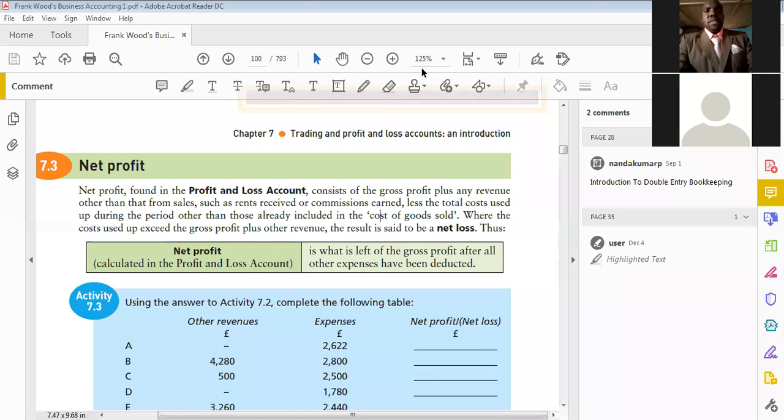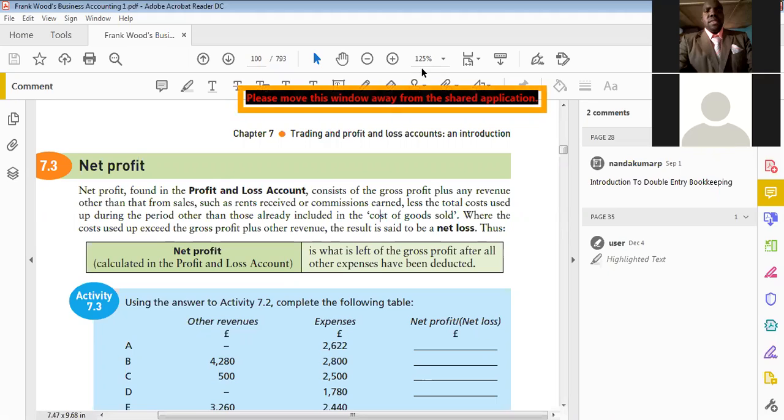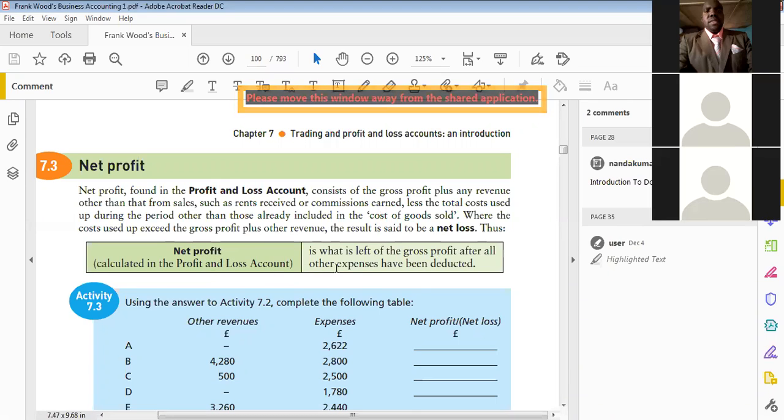But to find your net profit is simply this: gross profit plus any other revenue, if there is any other revenue, minus expenses. That's where you find net profit, all right? So net profit is what is left of the gross profit after all other expenses have been deducted. So the formula is simple.